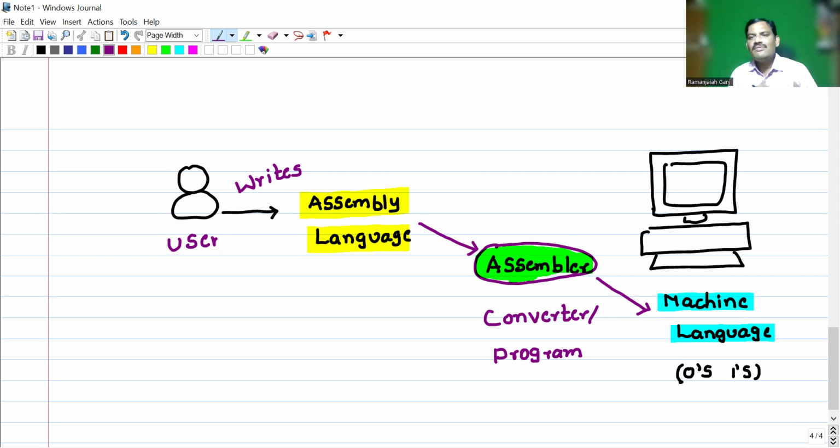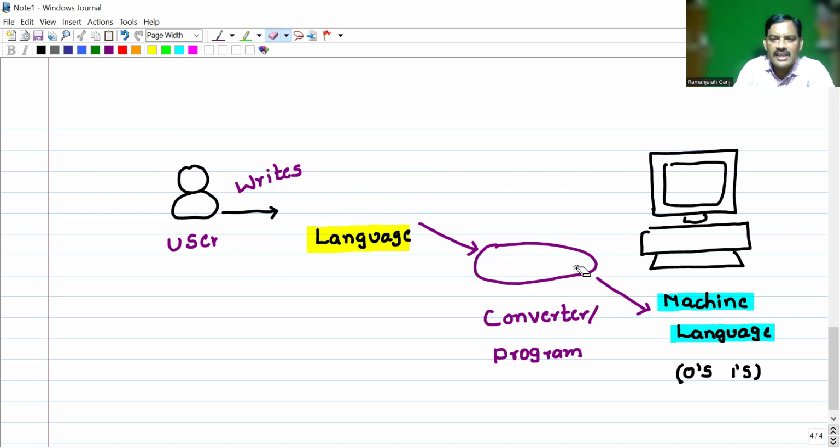So whenever you write assembly language programs, they will be converted into machine language by a translator called an assembler.